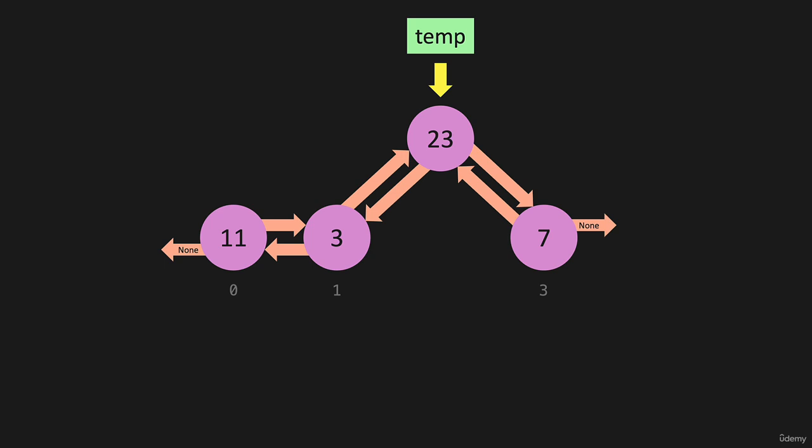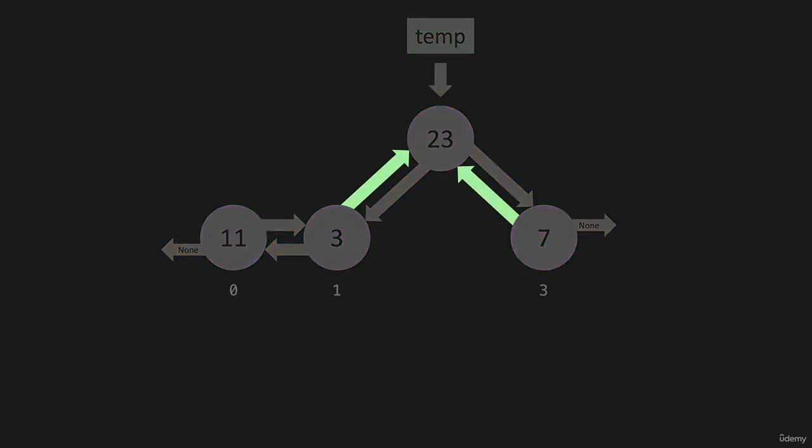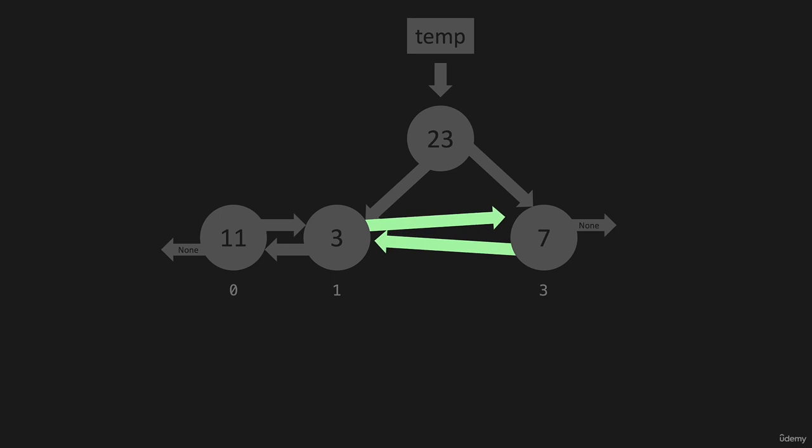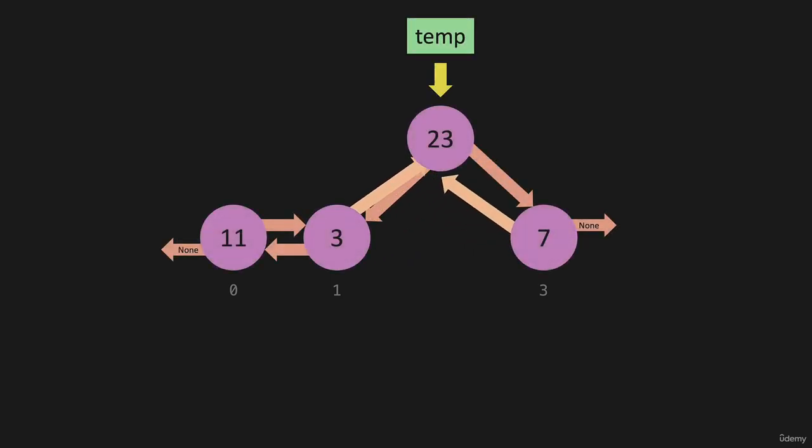And the way we're going to do this is those two arrows that we redirected before with a before and after variable are these two arrows. And we did this with them. We can do this by just using the temp variable. And we're going to do it like this.